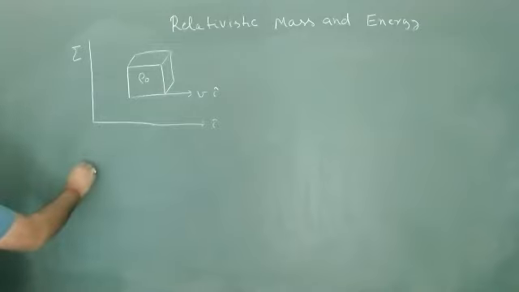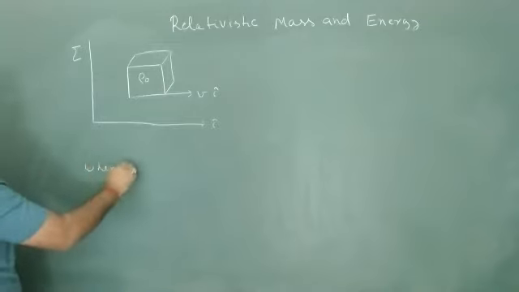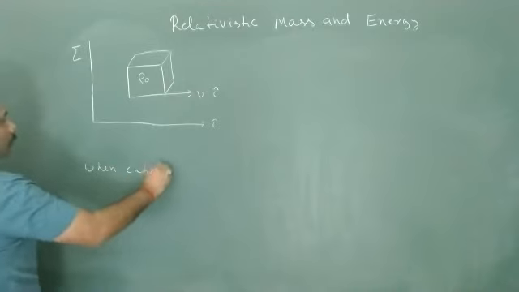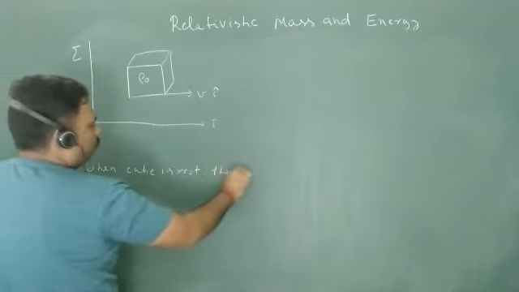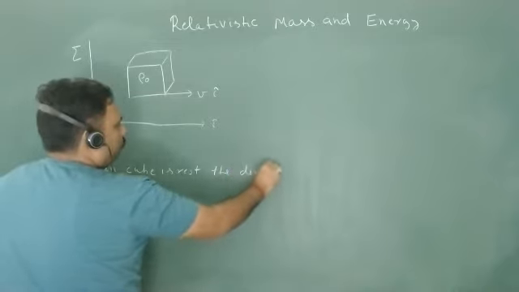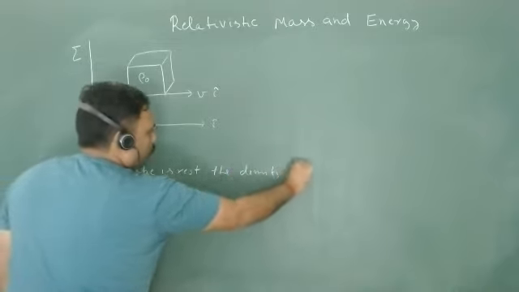So when the cube is at rest, the density is rho naught.